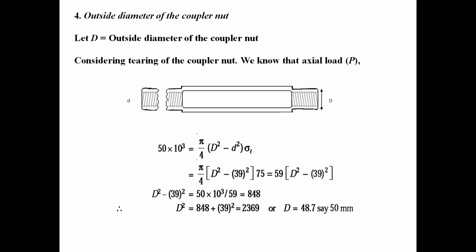So 50 kilonewton equal to, what is the area? Area is pi by 4 (capital D square minus small d square) into sigma t. If you put all the values, pi by 4 (capital D square minus 39 square) into 75, we can get that equation in terms of D square. So D square comes out 2369, or D comes out 48.7, so say 50 mm.